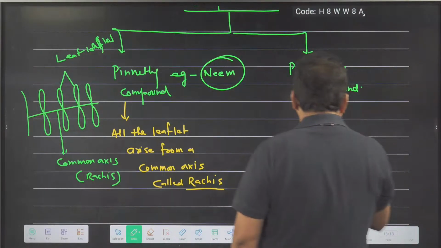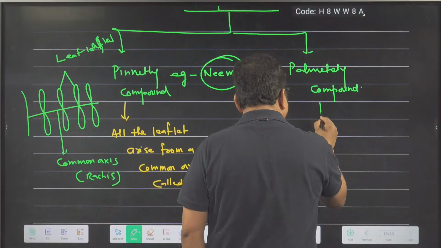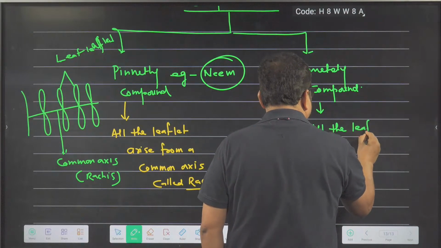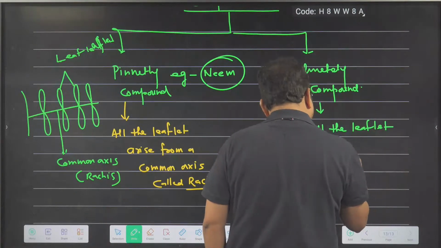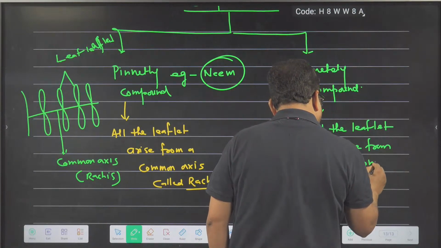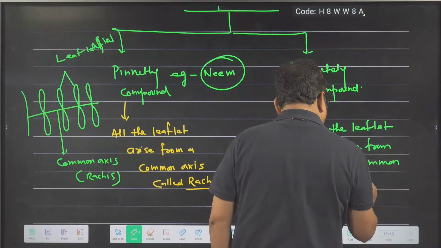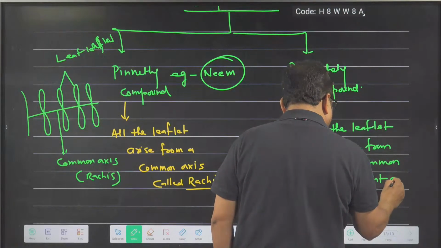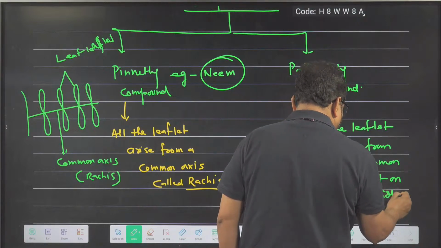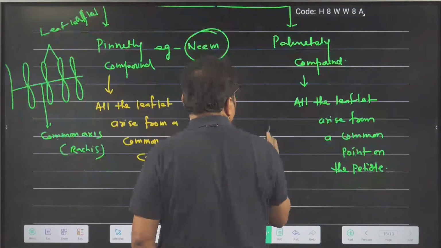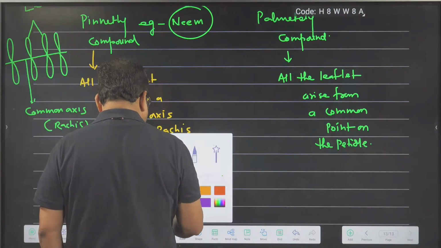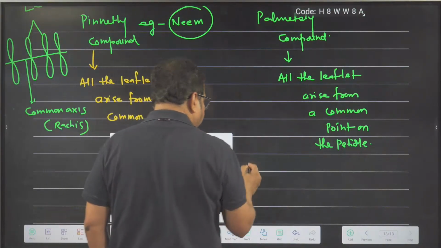Now if we talk about the palmately compound leaf, what happens here? All the leaflets arise from a common point on the petiole, like this. Let me draw.